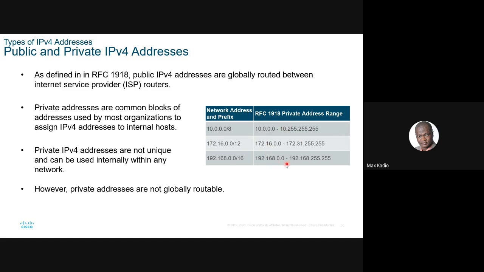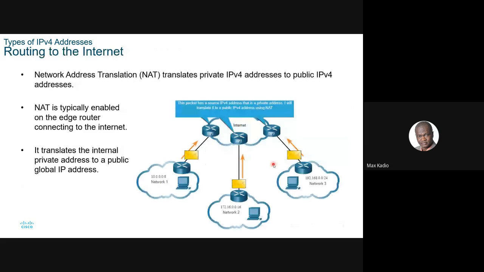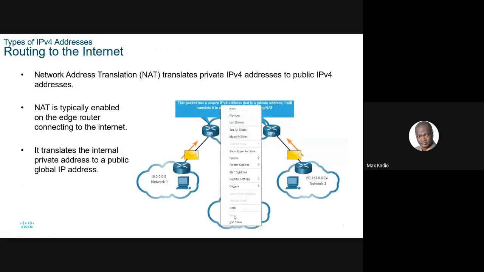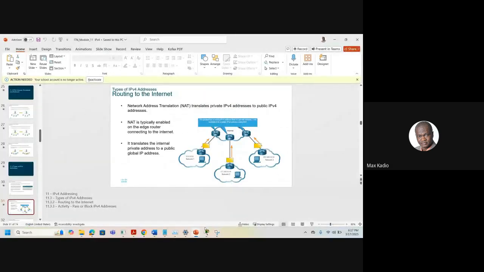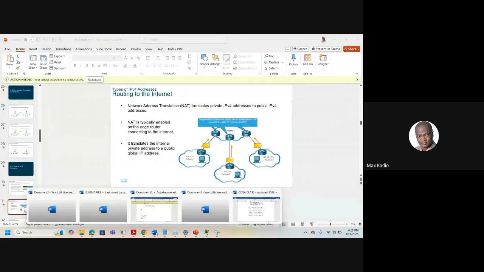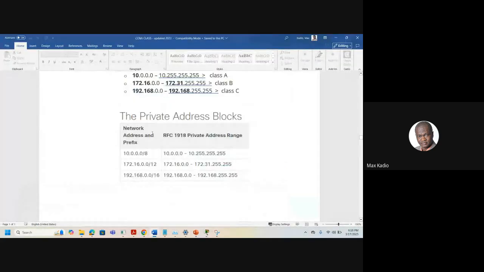Same thing for here. These ones are private. If it's not private, it's public. Okay. You can also check this in Packet Tracer. Here is a summary, the same thing.